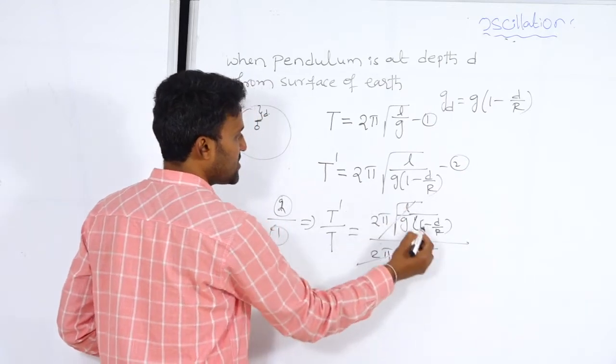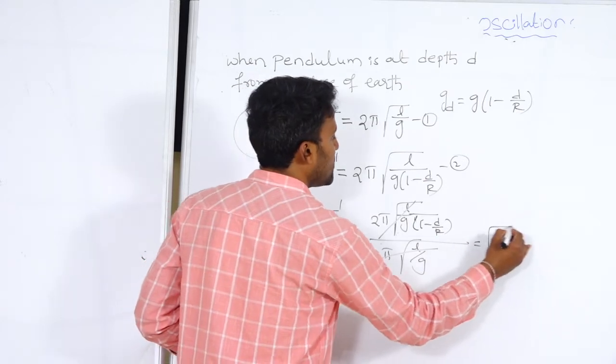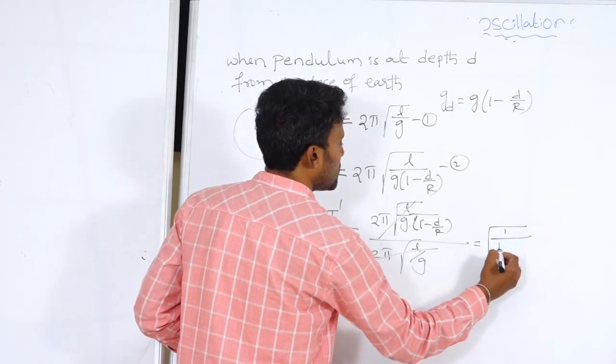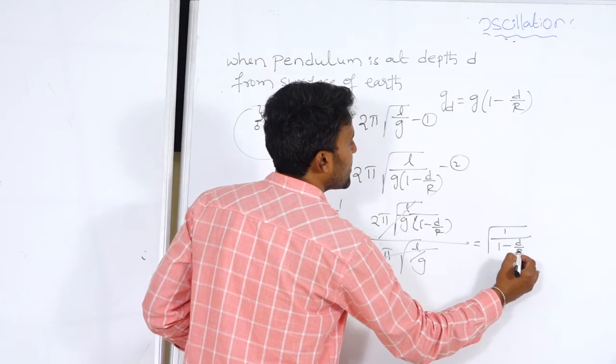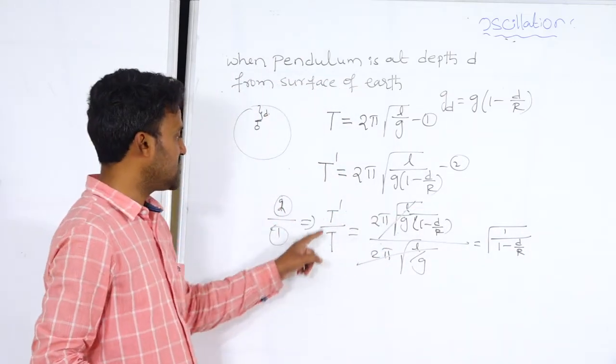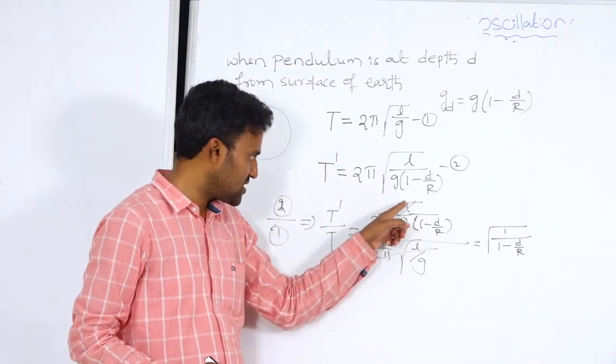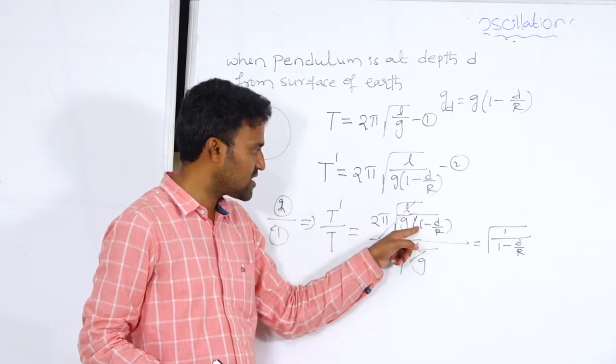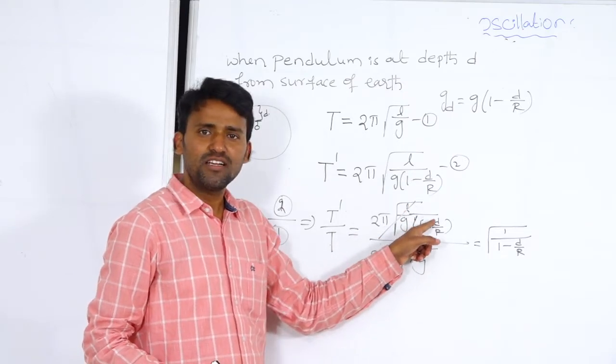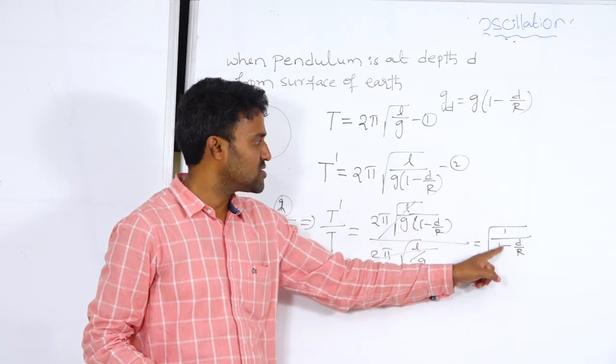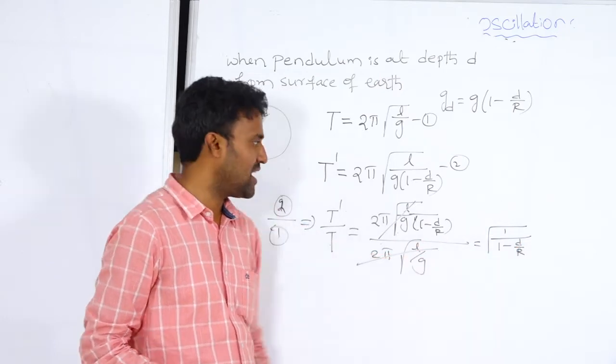Both get cancelled. What is remaining here? Under root of 1 divided by (1 minus d by R). T dash by T: 2 pi gets cancelled, L by g gets cancelled, and what remains is 1 divided by (1 minus d by R) under the root.